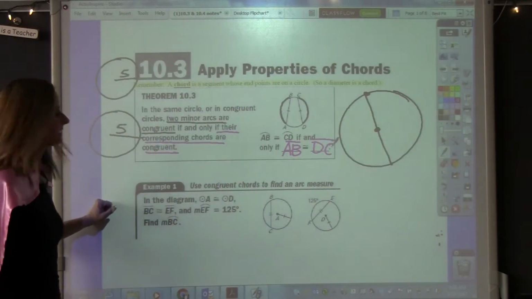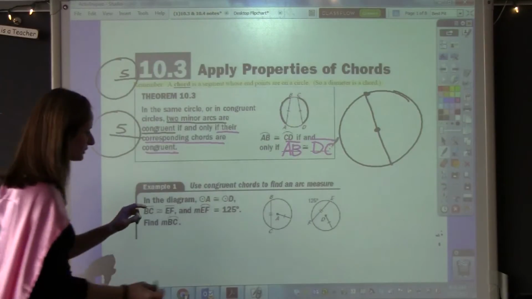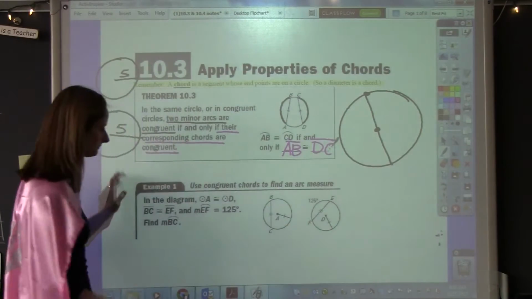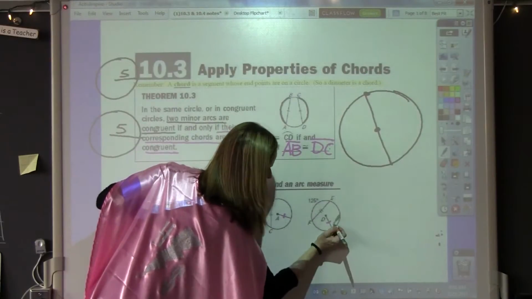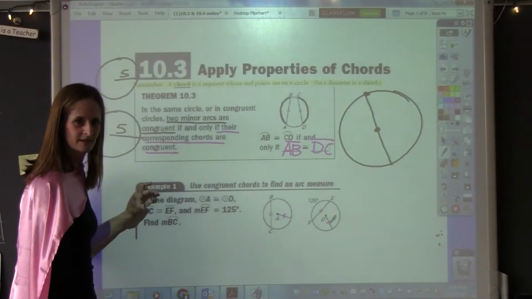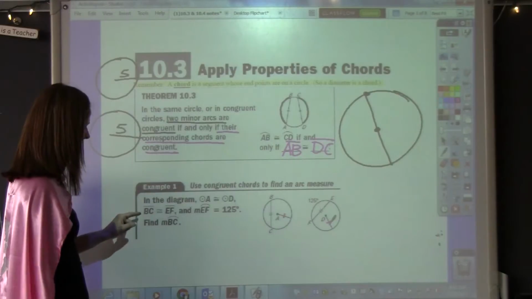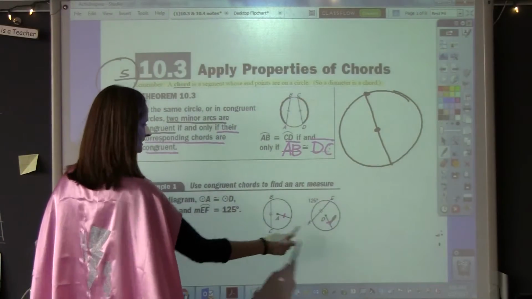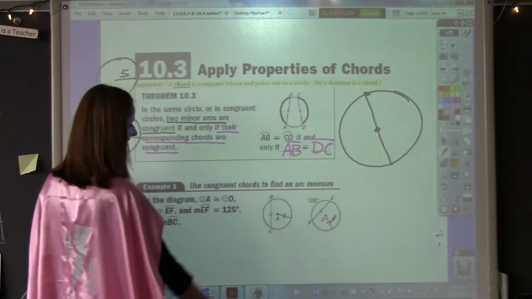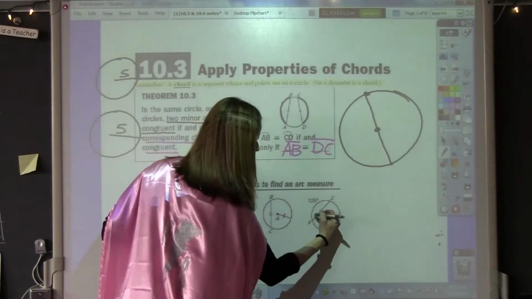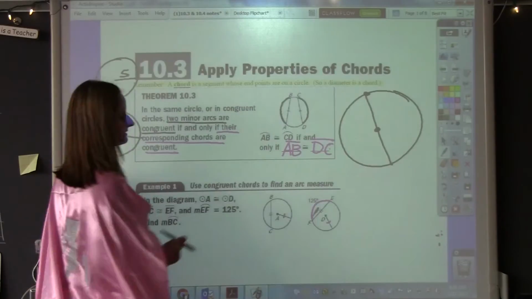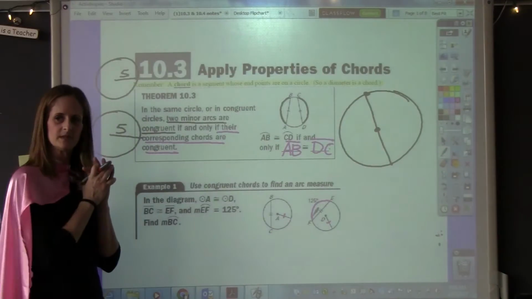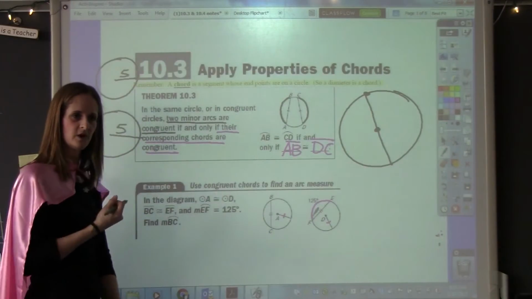Okay, good. Moving on. Example 1. In the diagram, circle A is congruent to circle D. We know that because this radius is congruent to this radius. So BC is congruent to EF, and the measure of arc EF is 125 degrees. Well, that's on the diagram. I love it when they put our information on the diagram for us.